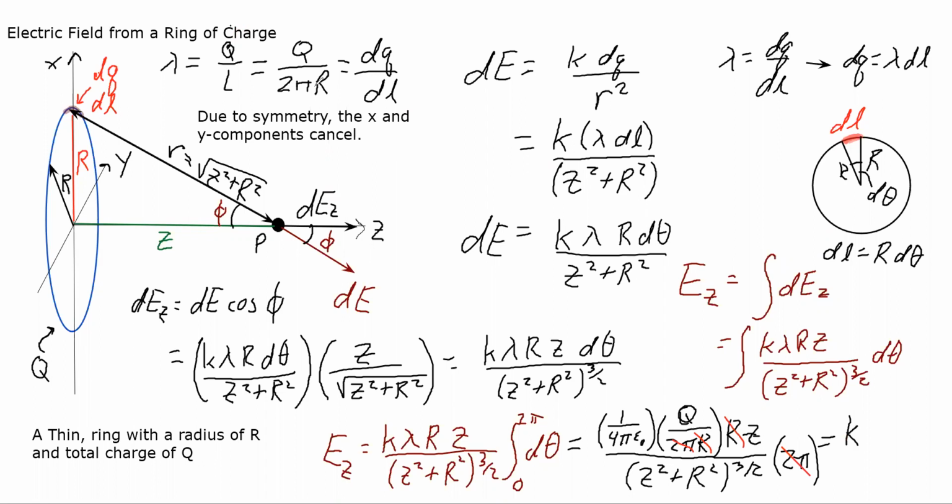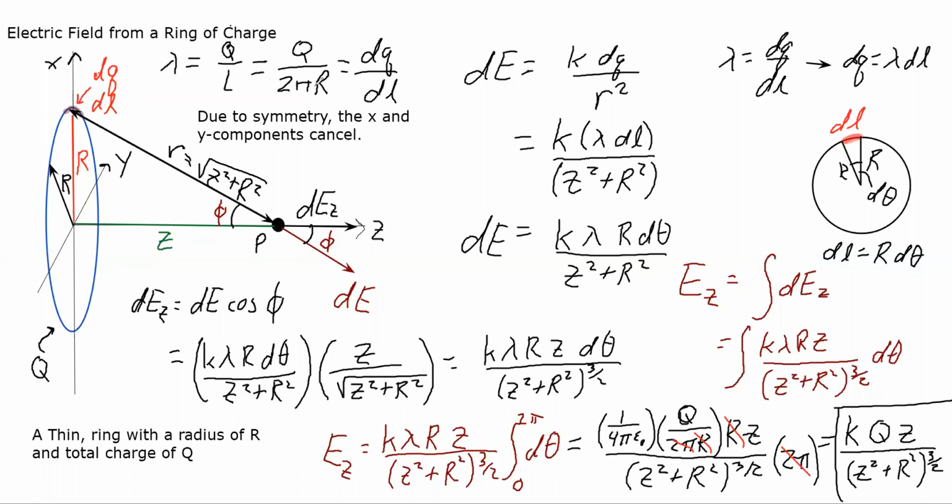So K, Q, Z over Z squared plus R squared to the 3/2. All right, so that is the equation for a ring of charge.